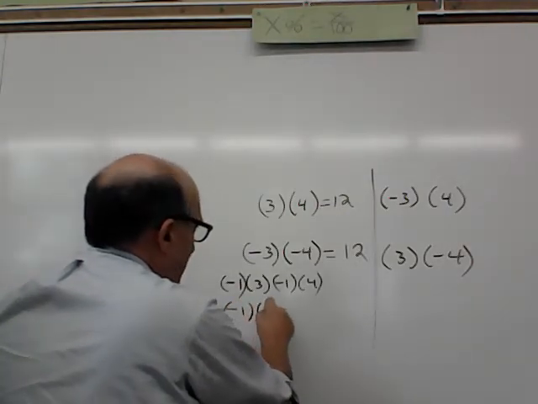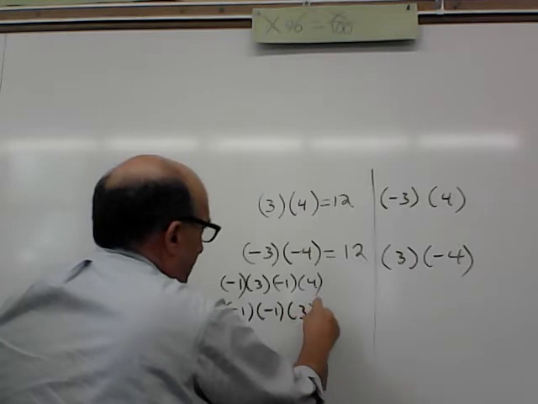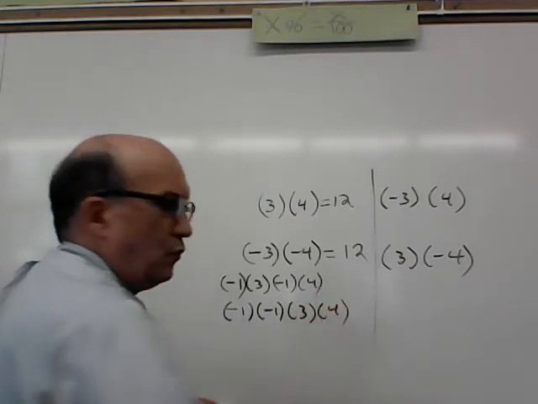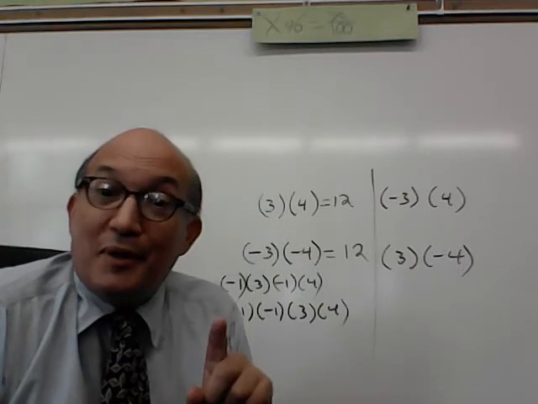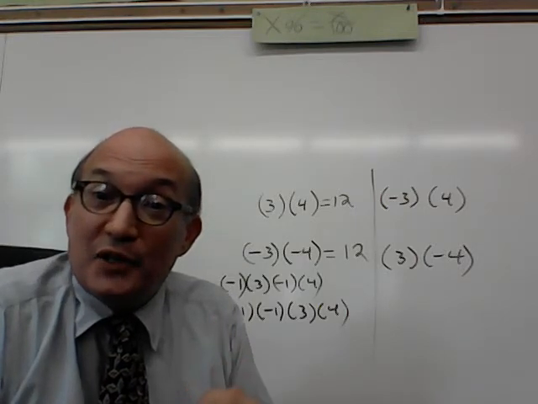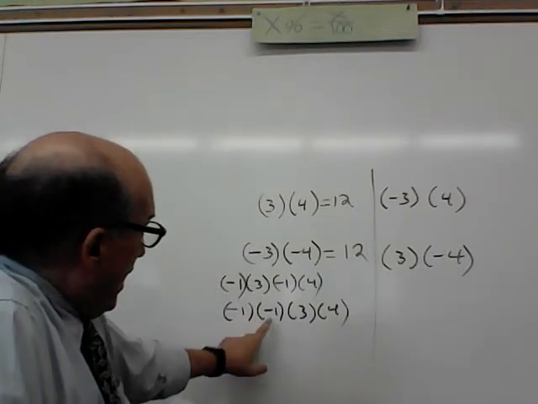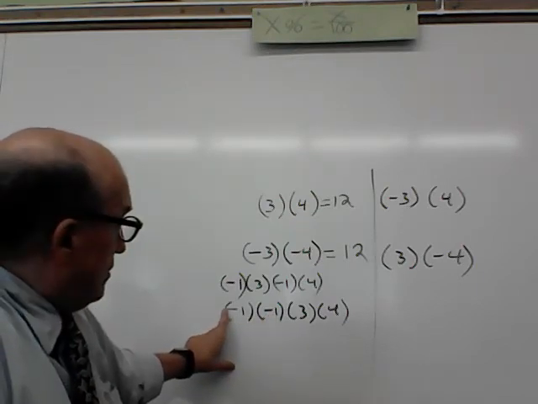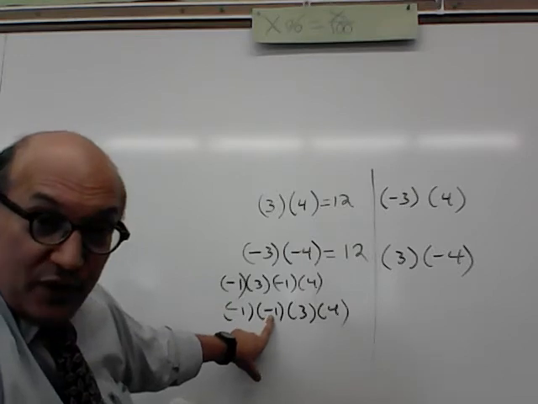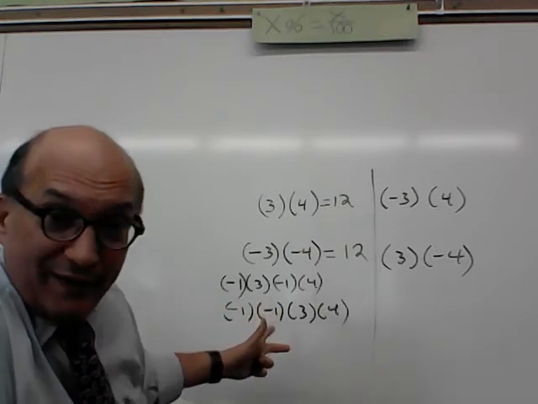-1 times -1 times 3 times 4. When you multiply a number by -1, you get its opposite. So look at this. Let's say I'm multiplying this -1 by -1. So I'm going to get the opposite of this -1, which is 1.